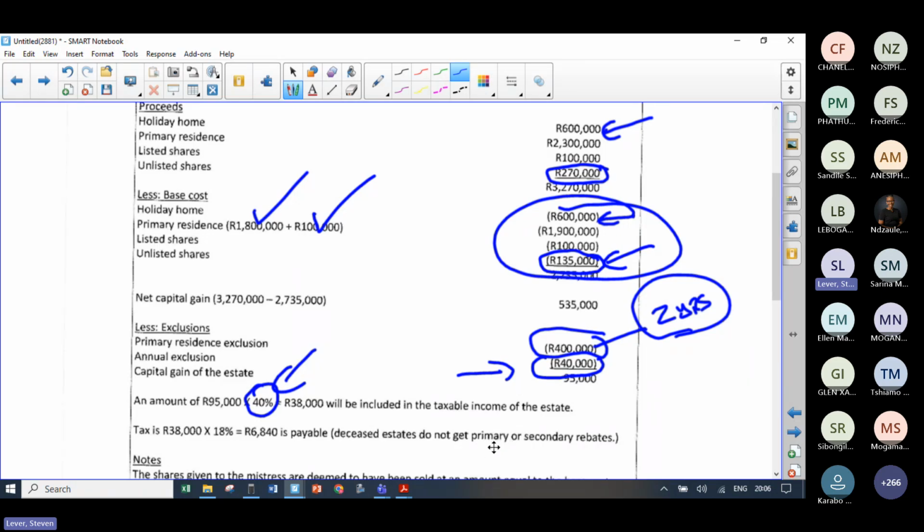Can you see that there? So if you're ever asked to do the calculation for an executor, treat it like a normal individual. They do not get an interest exemption because they're not alive. They get a 40,000 rand CGT annual exclusion. They have an inclusion rate of 40%, and they're taxed on a normal tax table as well. And that's what I just wanted to point across to the 4862 guys.